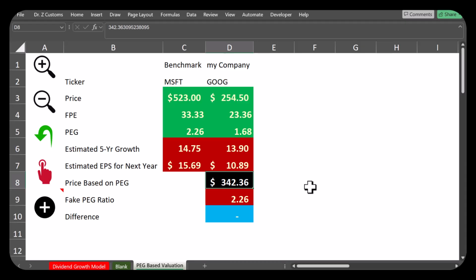So this is basically the price Google should be, assuming Microsoft is fairly valued. For me to be indifferent between the two, Google should be trading at 342. So under this scenario, which one would you invest in?